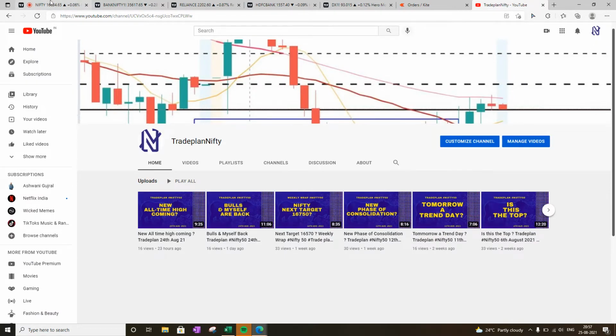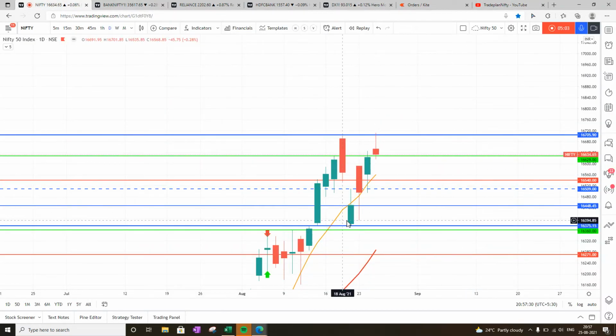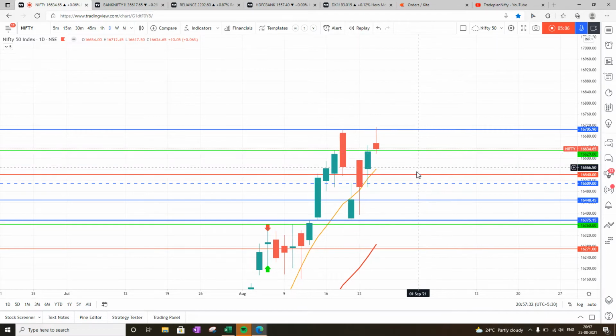On the daily chart, definitely it is in uptrend, but it has formed a wick today. So this is my reversal setup too, and this wick has formed at a very critical junction of the market. So this could be a sign of worry. This is definitely a reversal pattern which we have found on the daily chart, but the trend is definitely up.